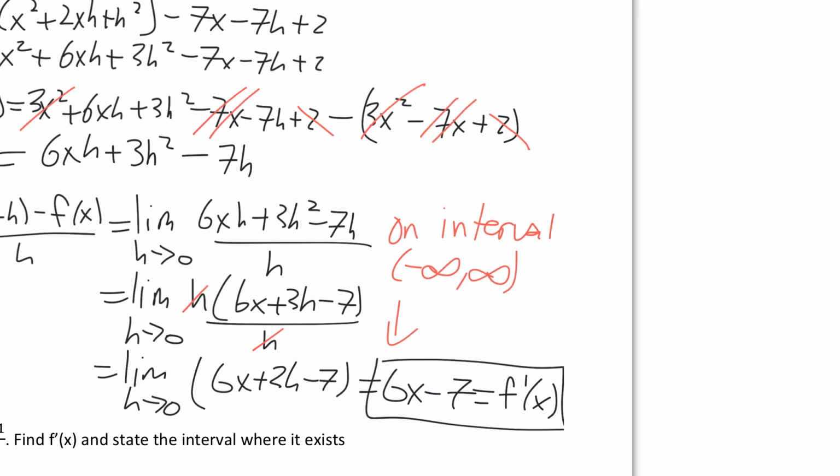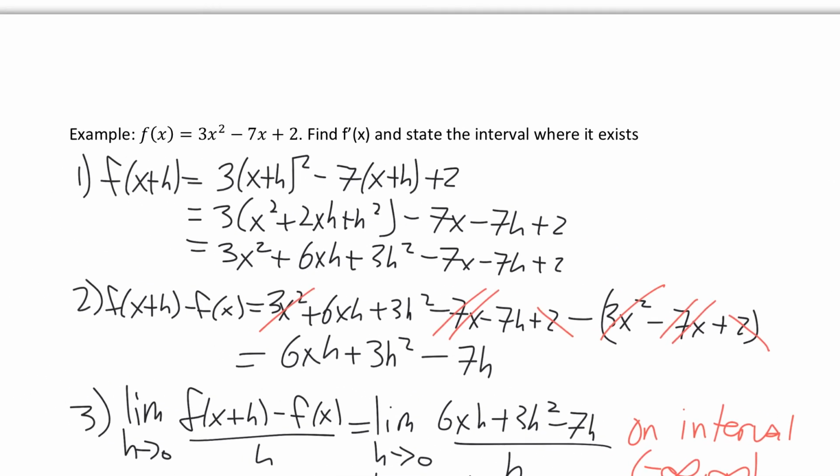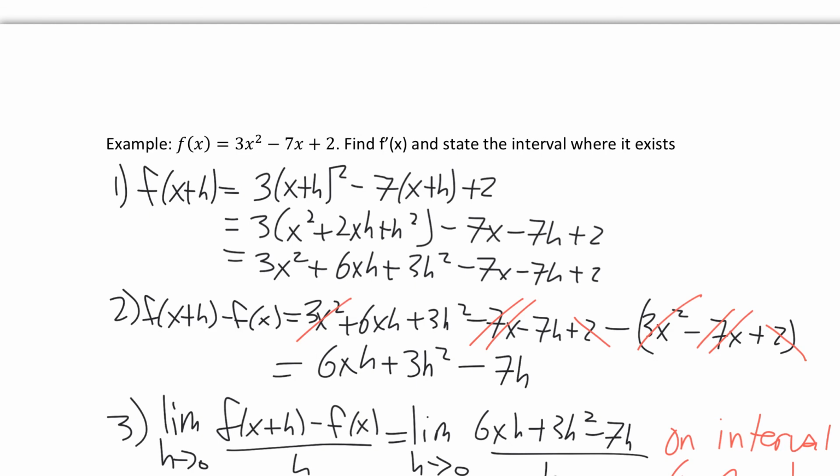Now before we move on to the next question, I want to pop this answer of f prime of x up next to our original function. So we had f of x, which was 3x squared minus 7x plus 2. In the end, we found the derivative, which was 6x minus 7.